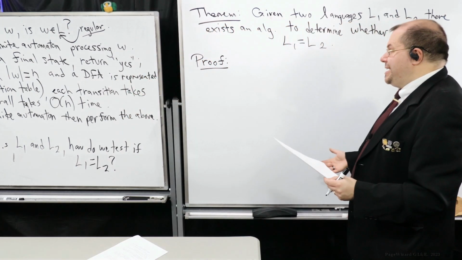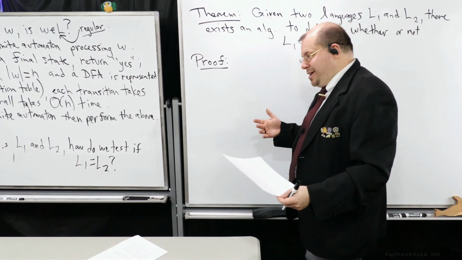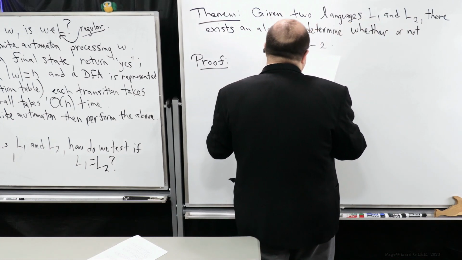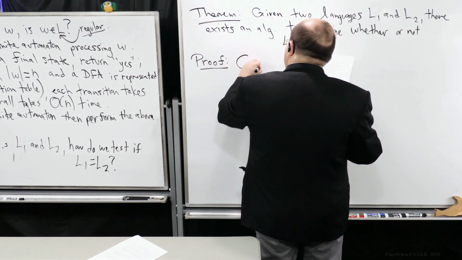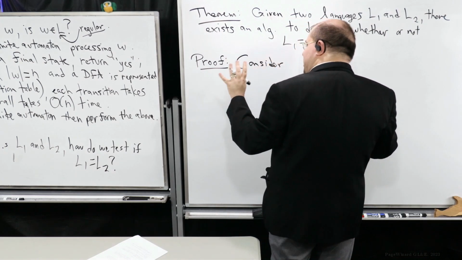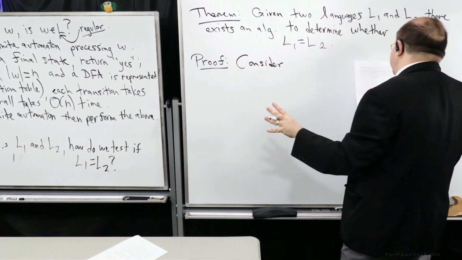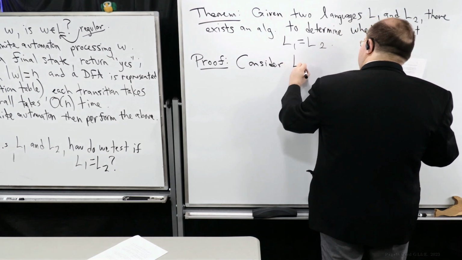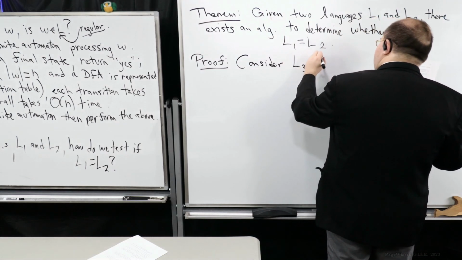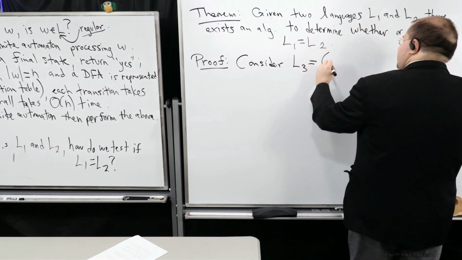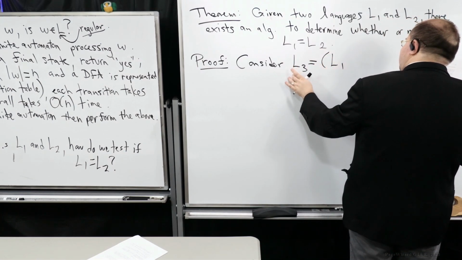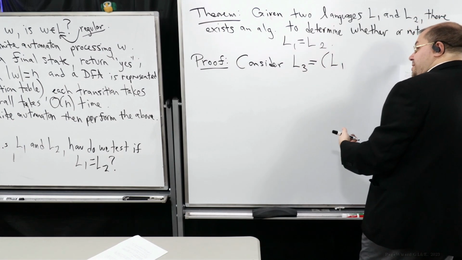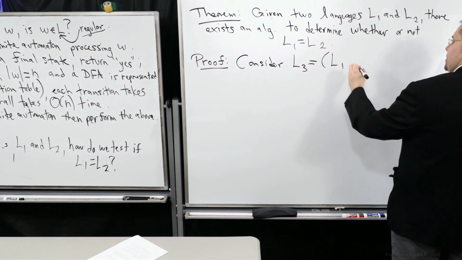If it's empty or not, it'll tell us if L1 and L2 are equal or not. So at first it's going to look a little strange, but if you think about it from a set theoretic standpoint, it's not too terribly scary looking. So imagine I have L1 and L2, and I'm going to build L3 out of the following operations, which we all know will yield a regular language.